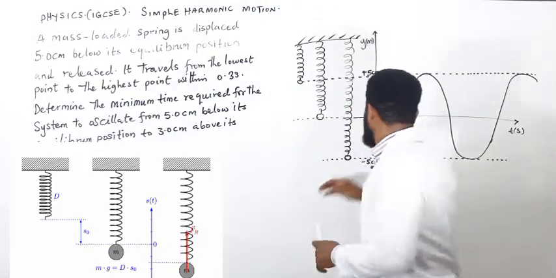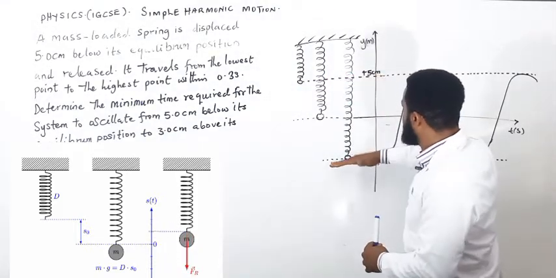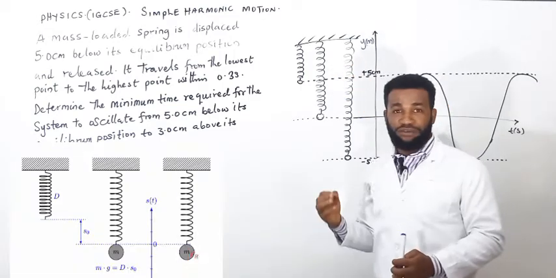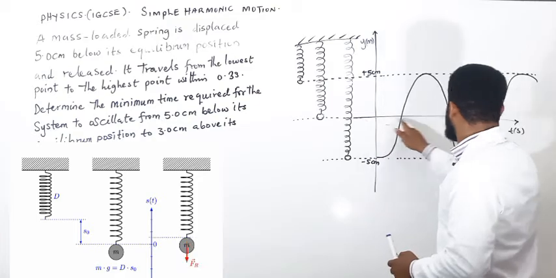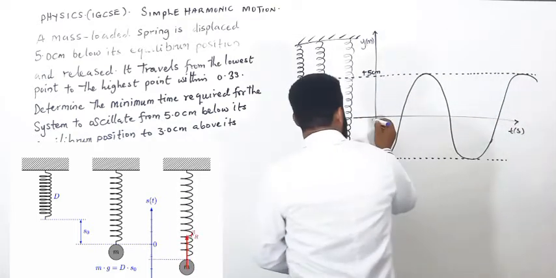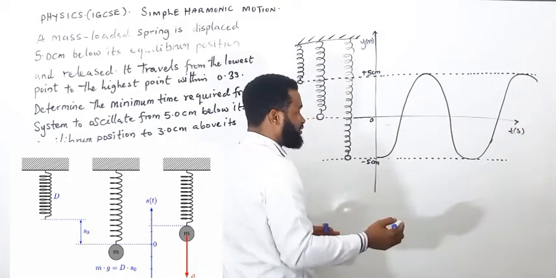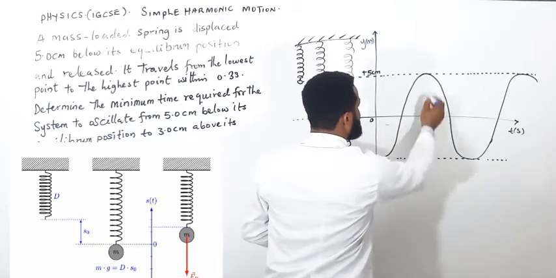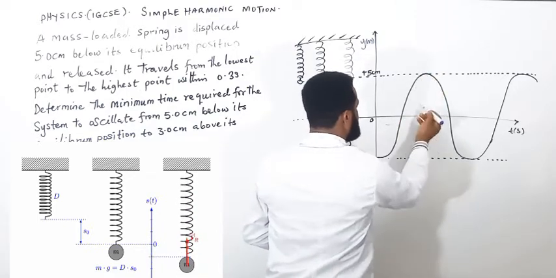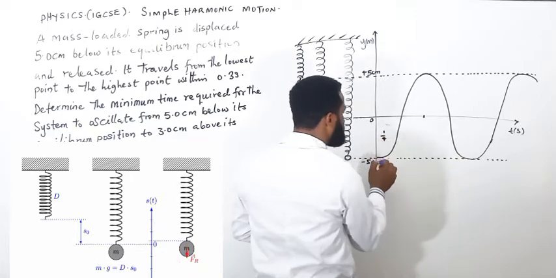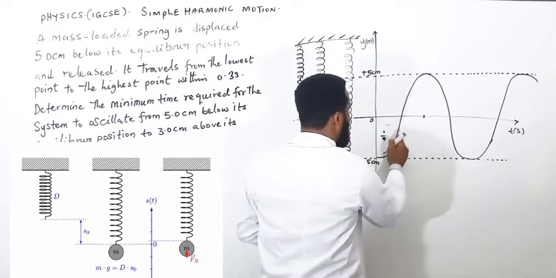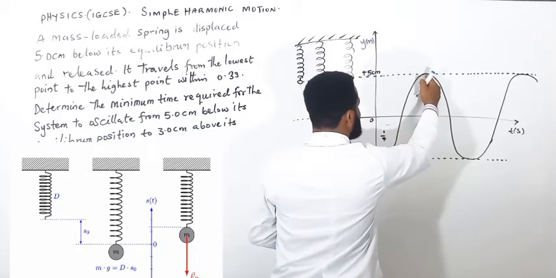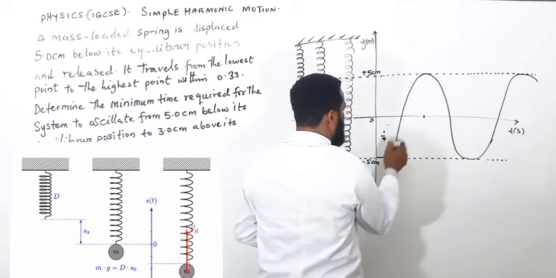Now, when this goes this way and returns this way, we say that it has completed one oscillation, and the time is recorded on this horizontal axis. If this is 0 centimeters, then at this point we have 1/4. So this is half, right? And this is another 1/4.